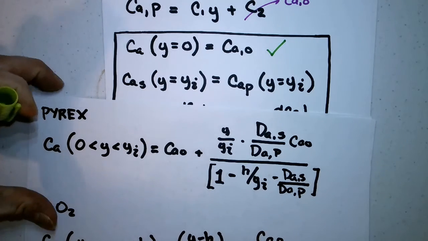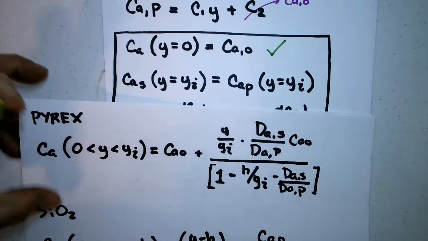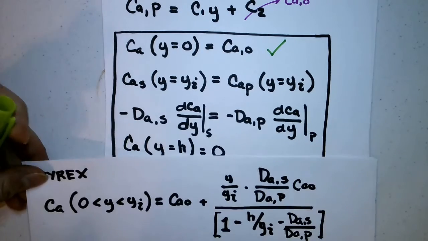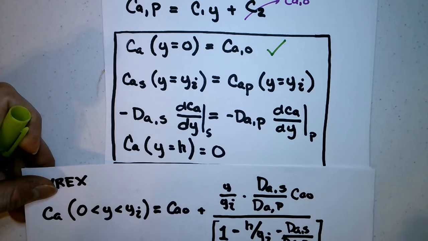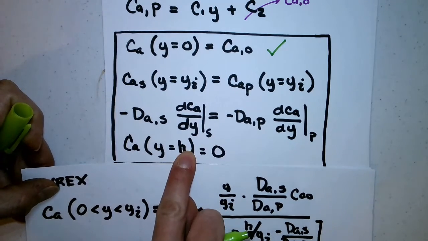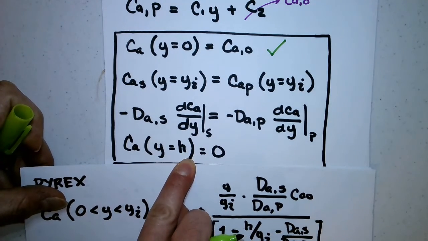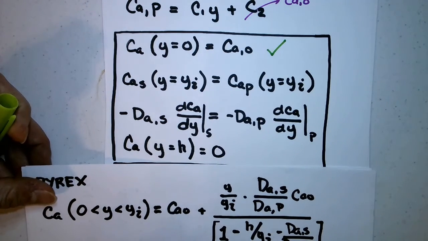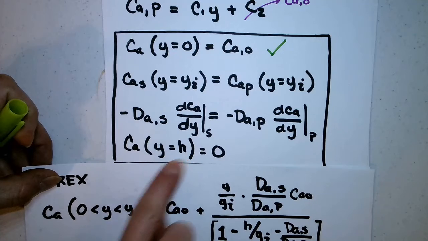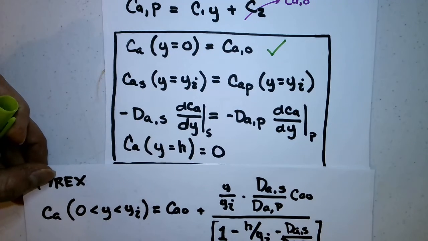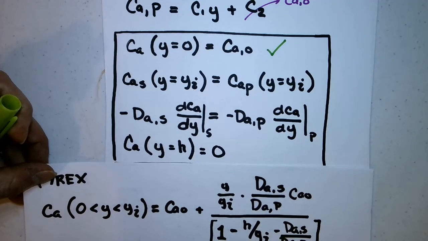At the interface, we have to match concentration. That's going to be a little bit of work. Let's put a pin in that for one second. I think we can evaluate this boundary condition pretty readily. So the concentration of A at y equals H has to do with the concentration in the silicon dioxide.